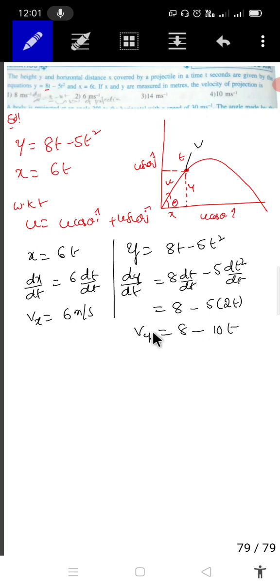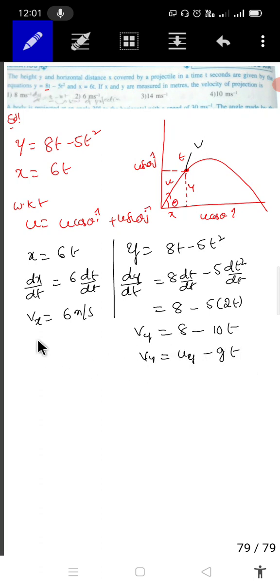This is vy, the velocity after t seconds. Based on this, vy equals uy minus gt. This is the formula comparison.